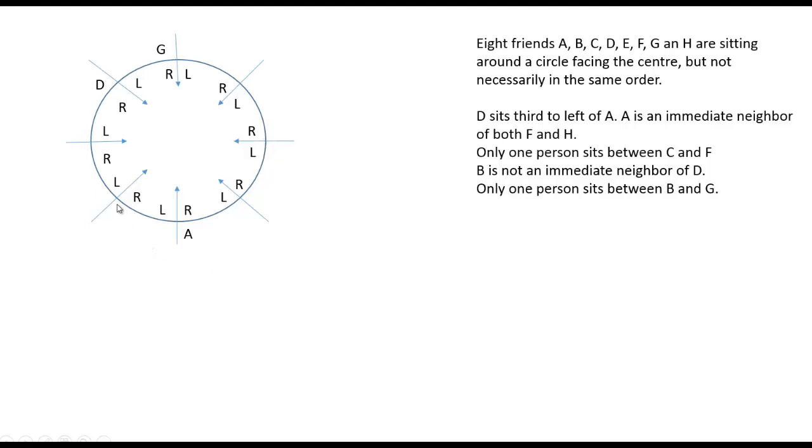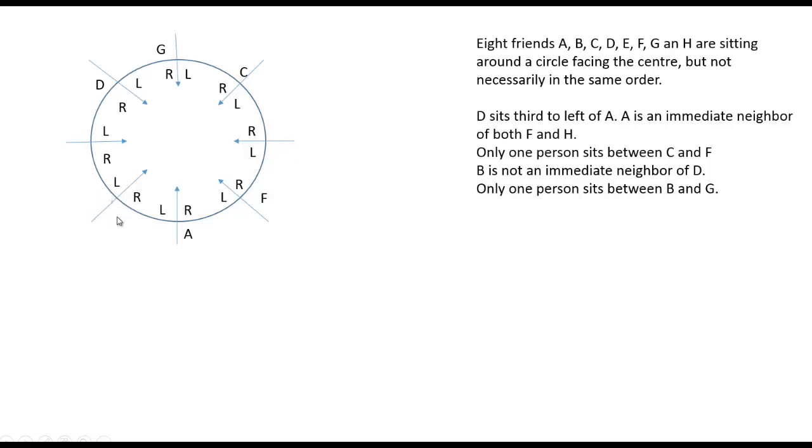But if you take this as C and this as F, then this is not possible because this position is already occupied by D, and therefore this will be F, this will be C, because between C and F one person sits.